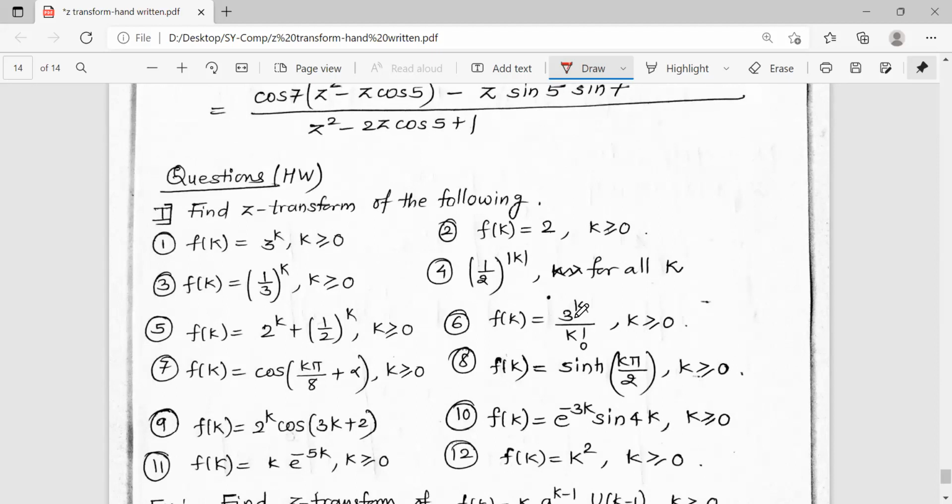Using the properties of the Z transform. On the classroom, I have also shared the formulae for the Z transforms, a list of formulae. You could see the results.